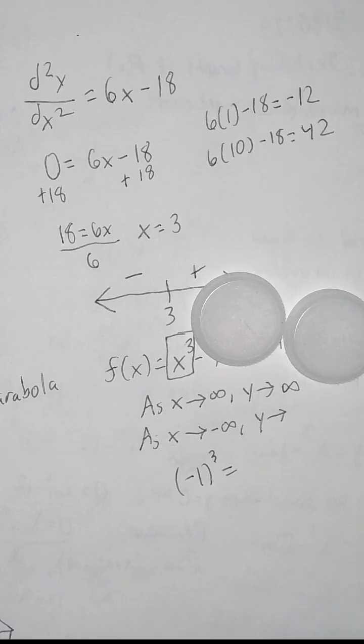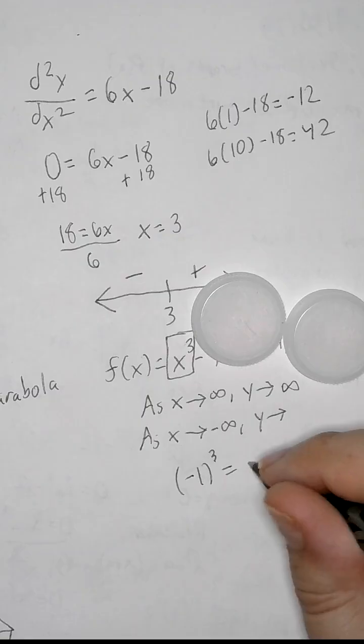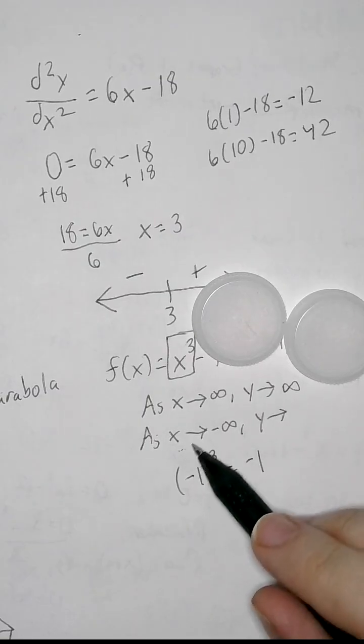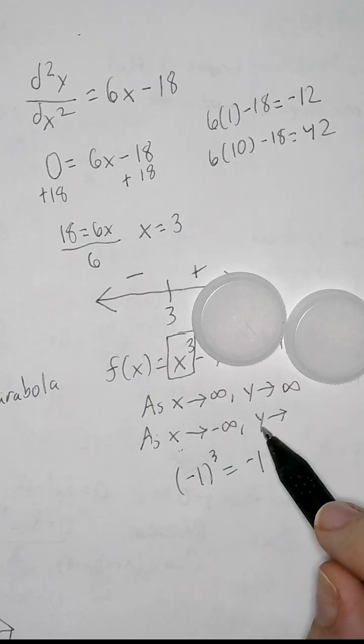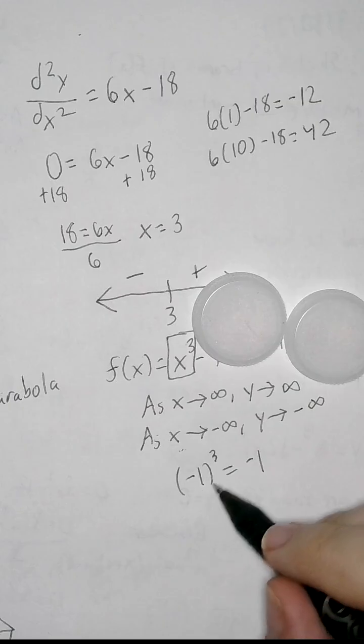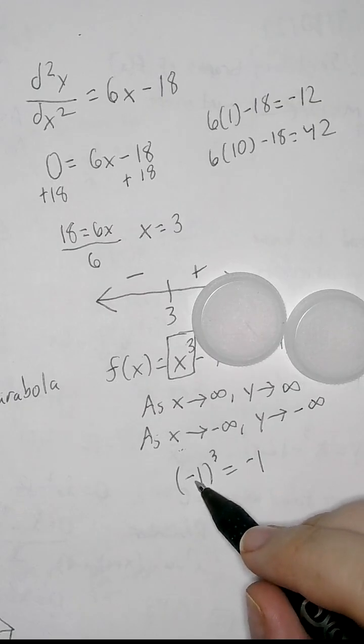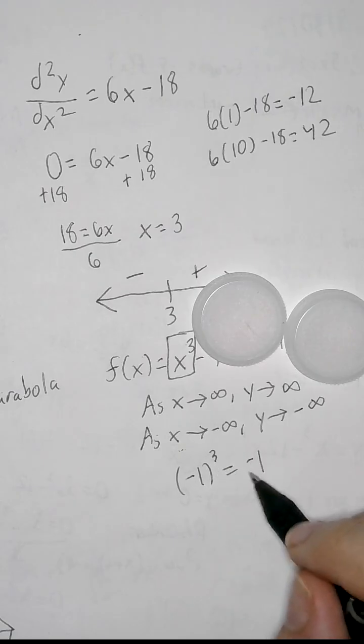Yeah, that's exactly right, Julia. I'm going to end up with a negative number. So as x approaches negative infinity, y is also going to approach negative infinity, because no matter what negative number I plug in here, that number cubed is still going to be negative.